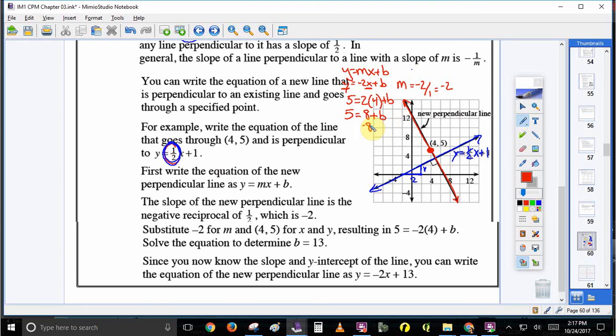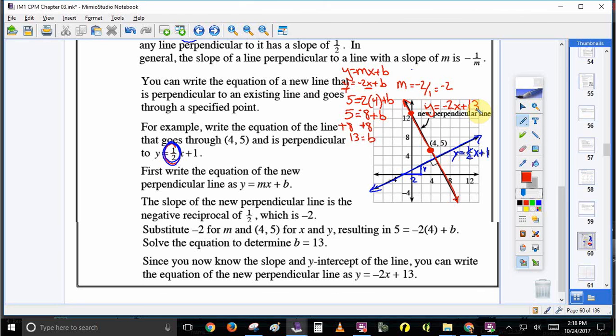Add 8 to each side. What did I do wrong? That's negative. That's what I did wrong. That should be -8, so this should be plus 8 to each side. And we get b equals 13. So we have a y-intercept of 13 now, which means that this equation is y equals -2x plus 13.